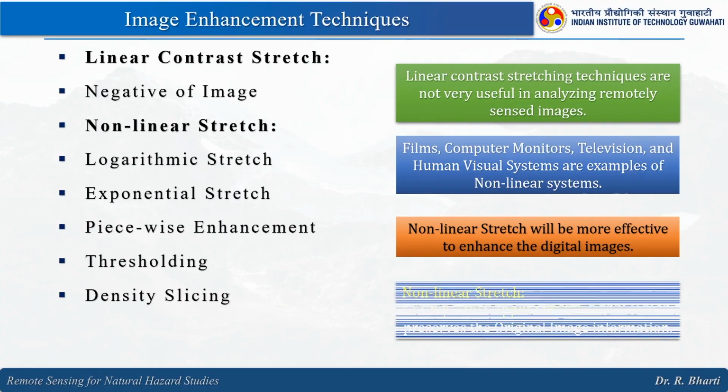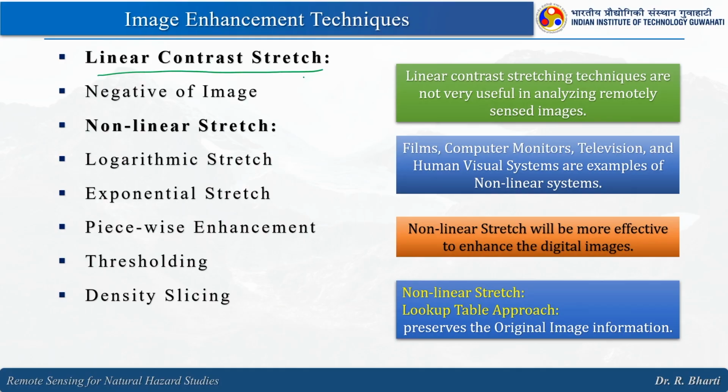One is linear contrast stretching and another is non-linear. When we refer to the linear, the image is enhanced linearly. And when we talk about non-linear stretching, here we have logarithmic stretch, exponential, piecewise, thresholding, density, and there are a few more image enhancement techniques which come under non-linear stretching.